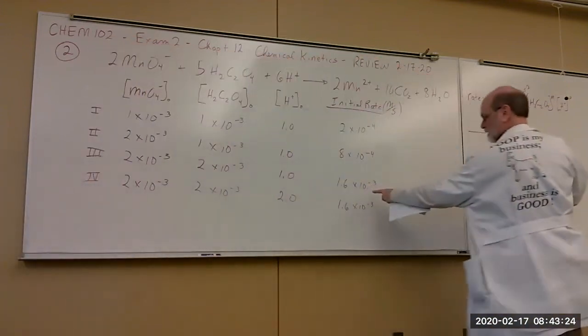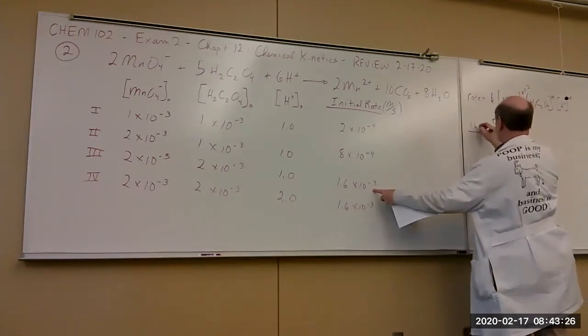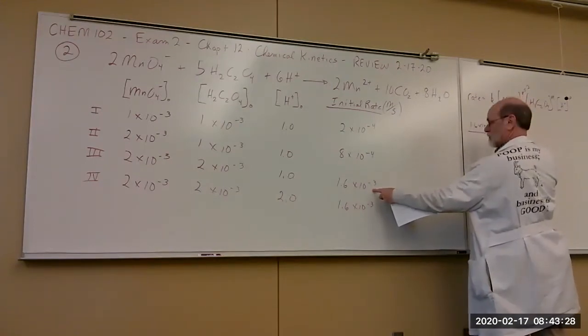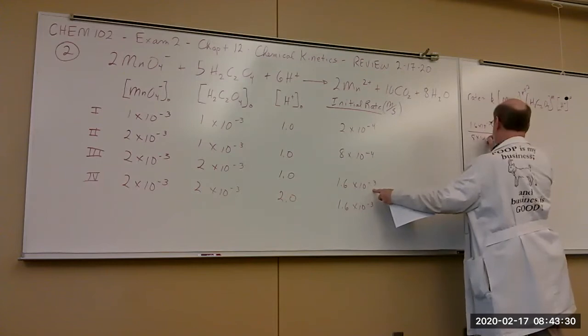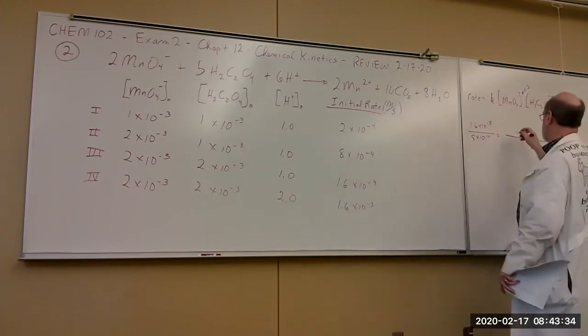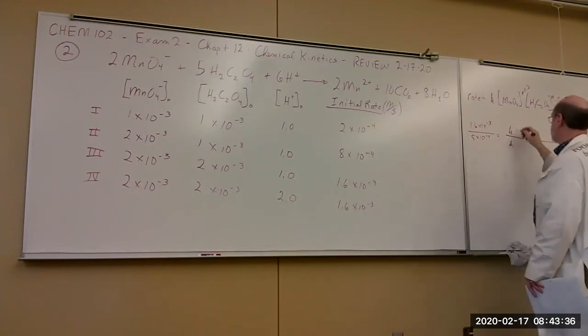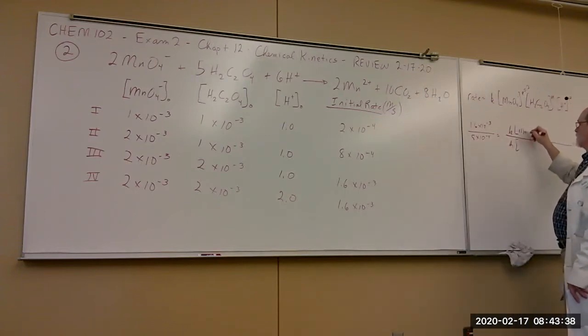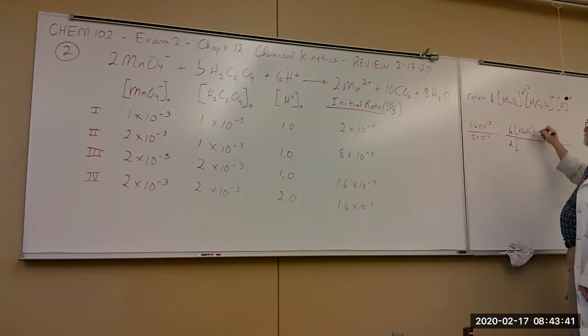And that will put this one, 1.6 times 10 to the minus 3, divided by 8 times 10 to the minus 4. And then over here, we've got K, we've got MnO4 squared. Same thing down here, squared. Then we have this one, which actually does the varying.